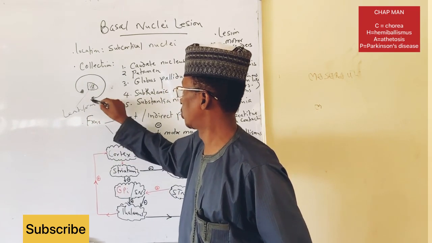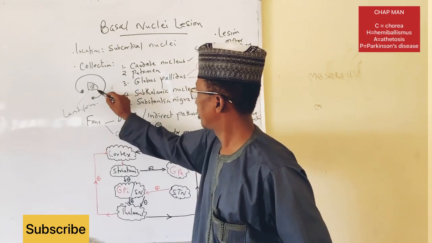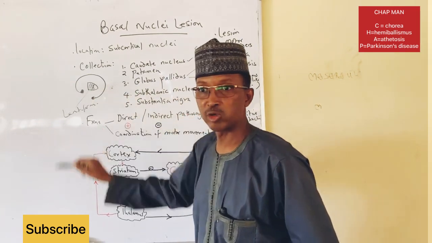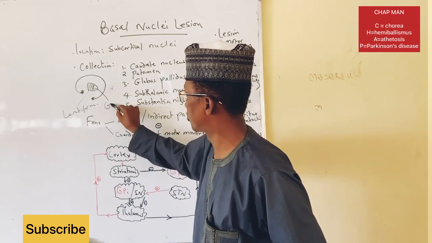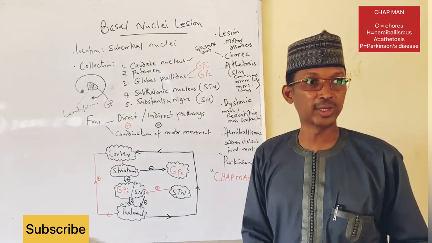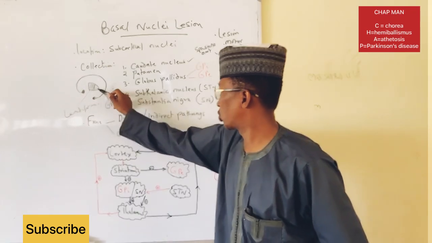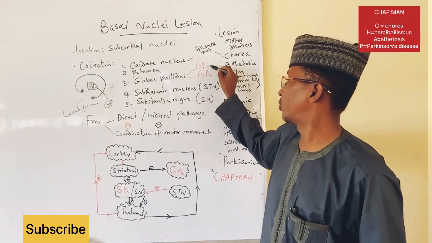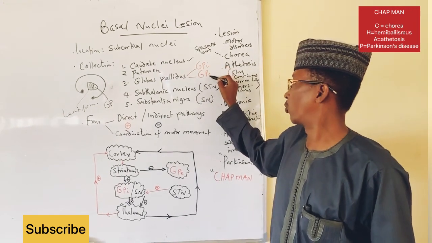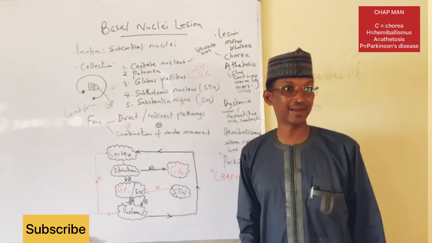Lentiform nucleus includes the putamen, which is the outermost part of the lentiform nucleus, and then the globus pallidus. This is the globus pallidus. Are you clear? And the globus pallidus is also further subdivided into 2. We have the globus pallidus interna, and then we have globus pallidus externa.